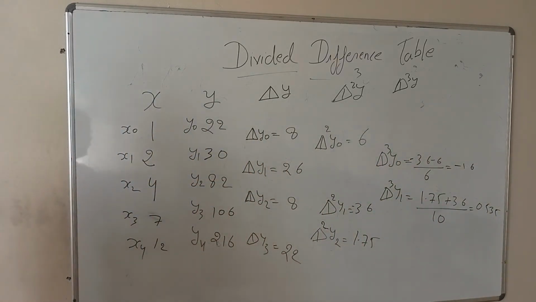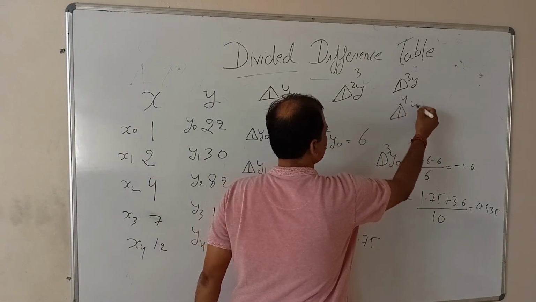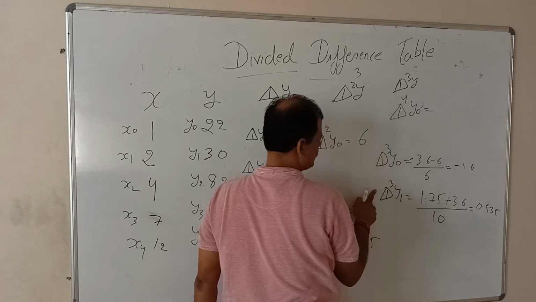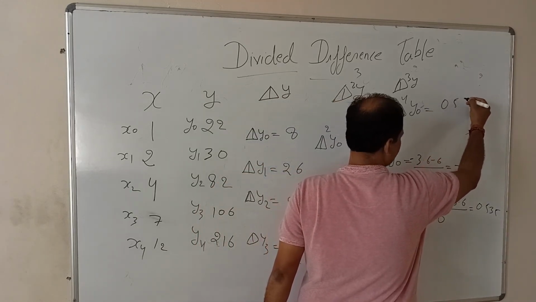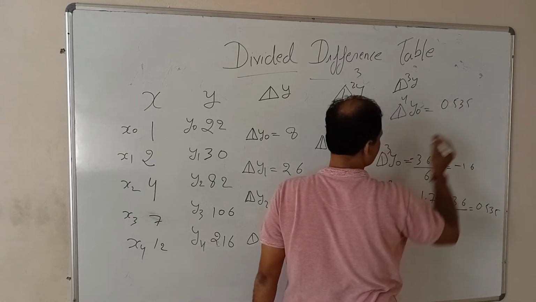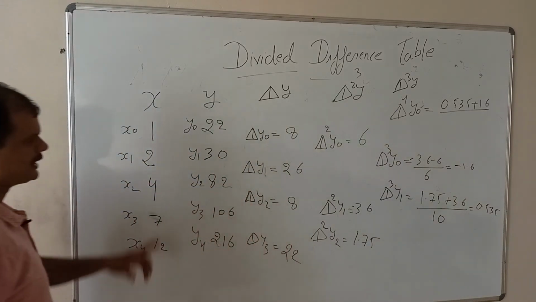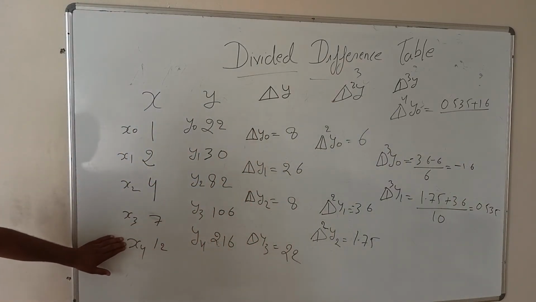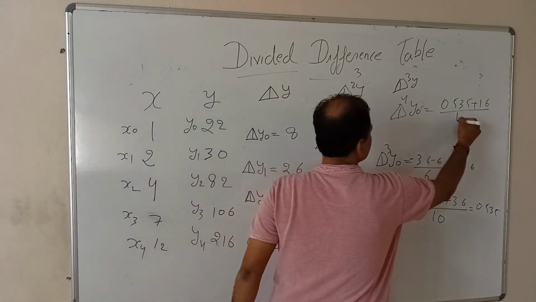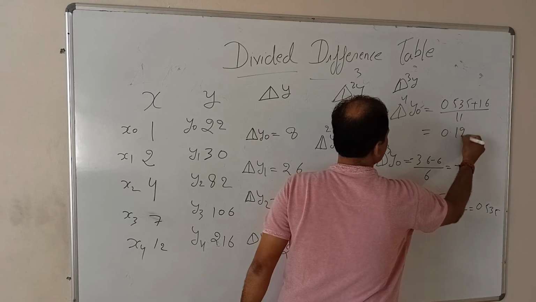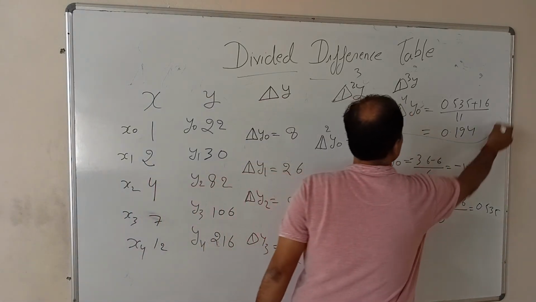So the last we get the delta 4 y0. So delta cube y1 minus delta cube y0. So 0.535 plus 1.6 divided by x4 minus x0. So 12 minus 1, 11. So this answer is 0.194. So this is your delta 4 y0.